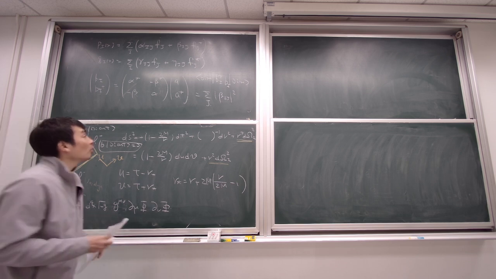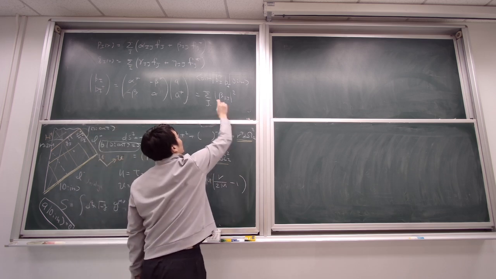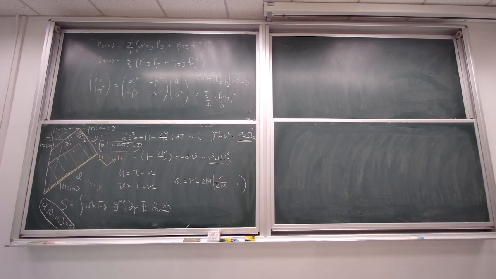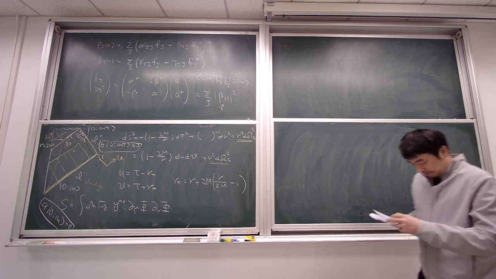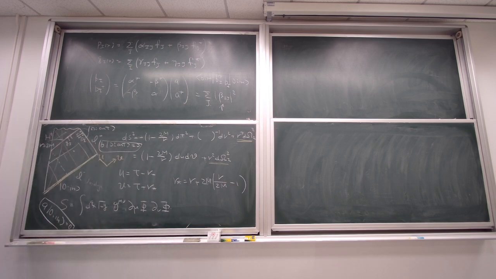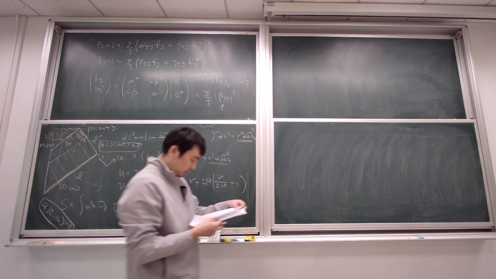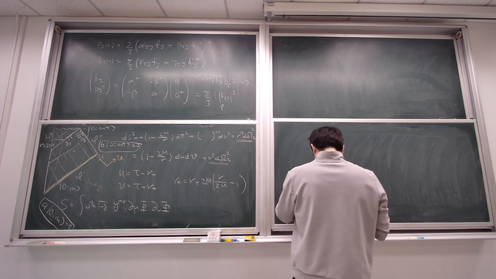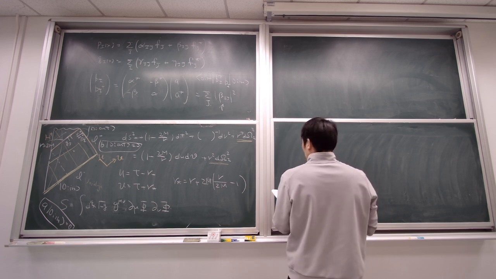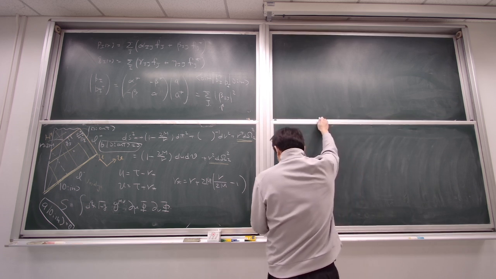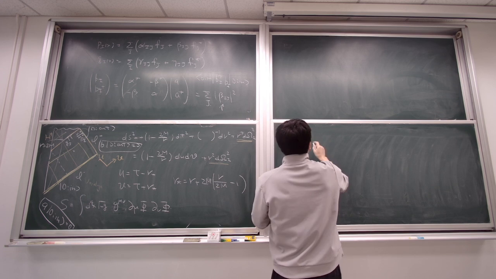So what we want to show is this guy. To do that, I want to make the following approximation.